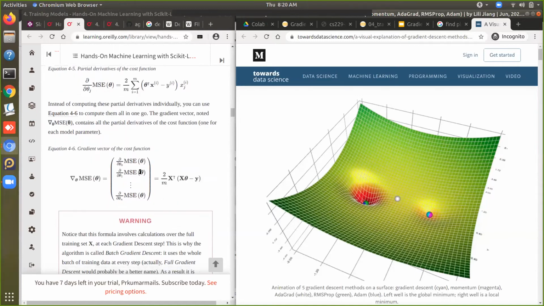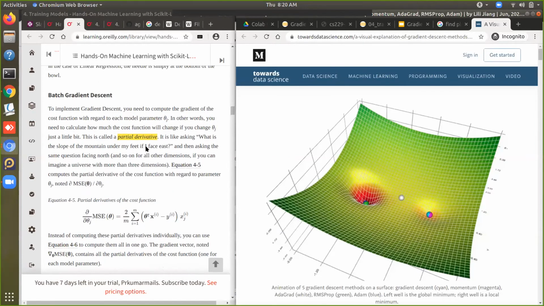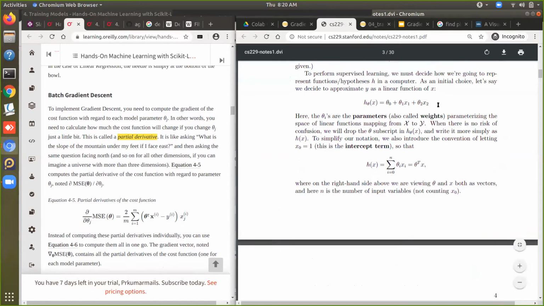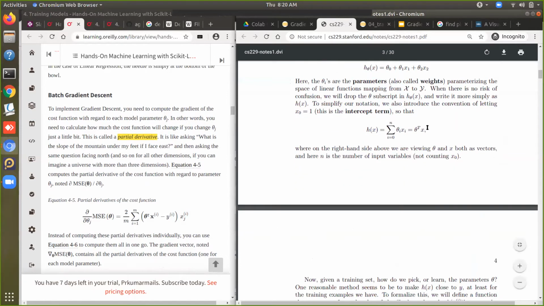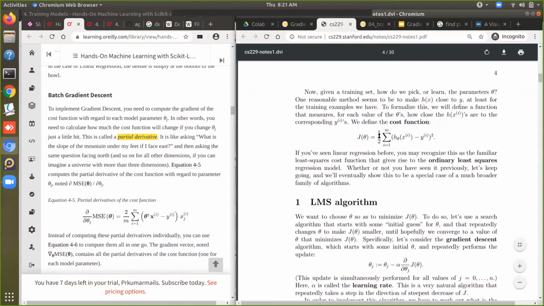Okay. So far we have seen only the derivative. There is also something called the partial derivative and the gradient. These three terms are somewhat interrelated. This is our function h of x, and this is our cost function. Usually we divide by 2m, where m is the number of examples, the number of inputs that we have.